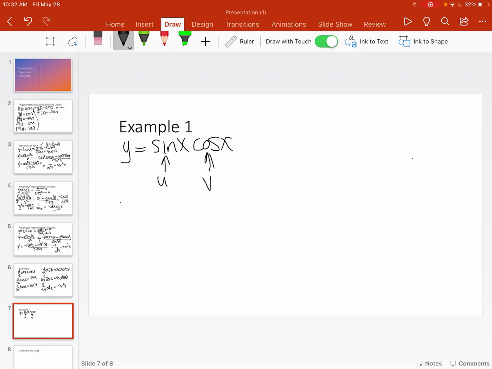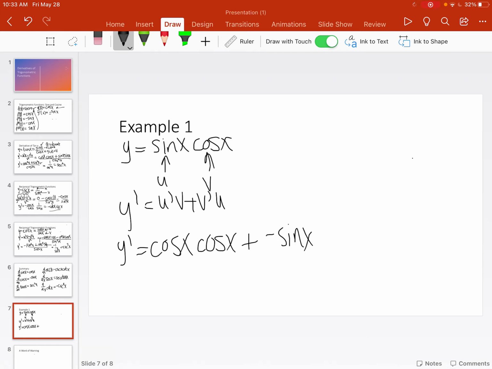I'm going to call this u and this v, and the product rule is u'v plus v'u. The derivative of sine x is cosine x, as we found, times cosine x, plus, well, the derivative of cosine x is negative sine x, so minus sine x times sine x.